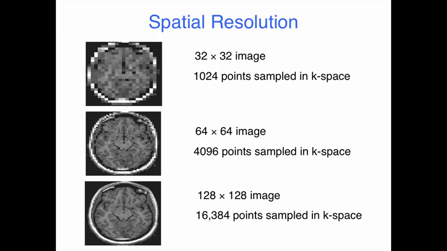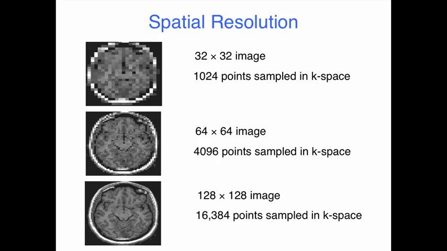This is blurry, but you can make out that it's a brain, but not much more than that. If we want a better image, we might increase the resolution and look at a 64 by 64 image. Now the resulting image in the middle looks much more like a brain. However, the cost is that it now takes 4 times as many points in K-space to get that information.